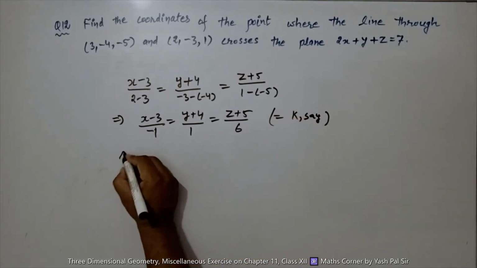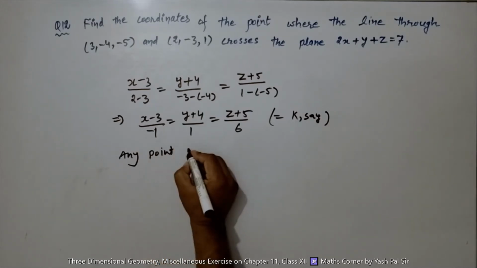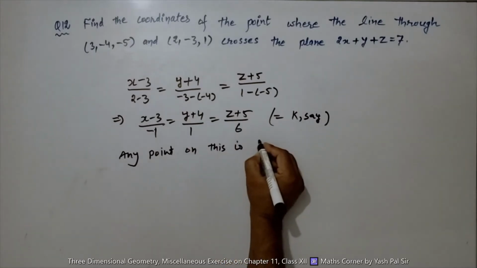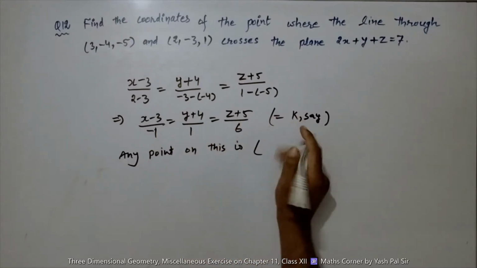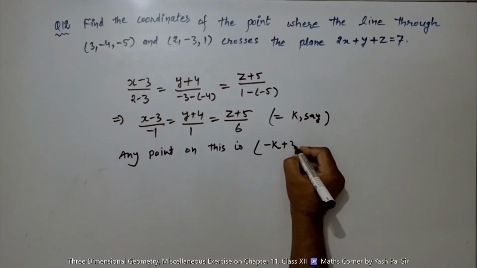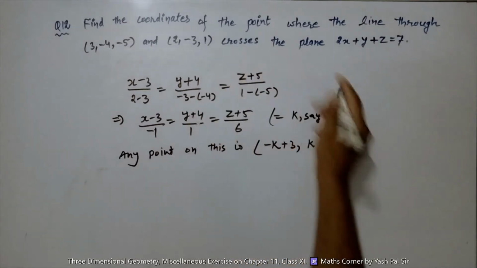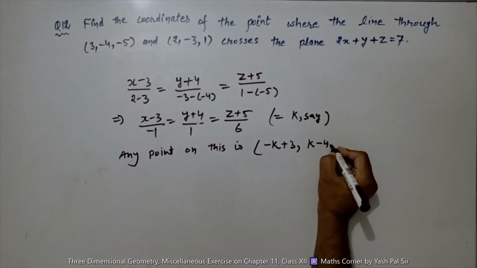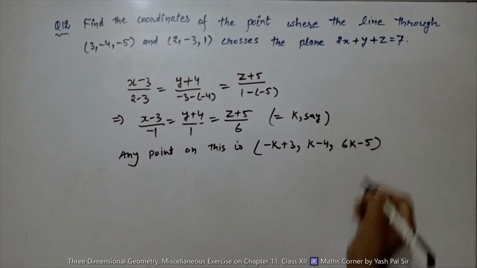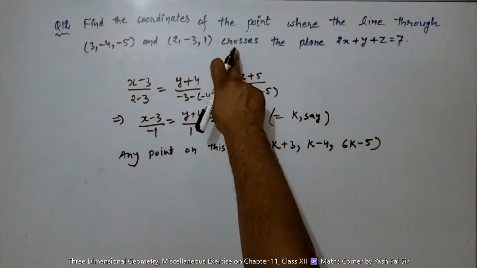So any point on this is, minus 1 into k minus k, minus 3 will go to right hand side plus 3, 1 into k plus 4 will go right hand side minus 4, 6 into k minus 5, right?